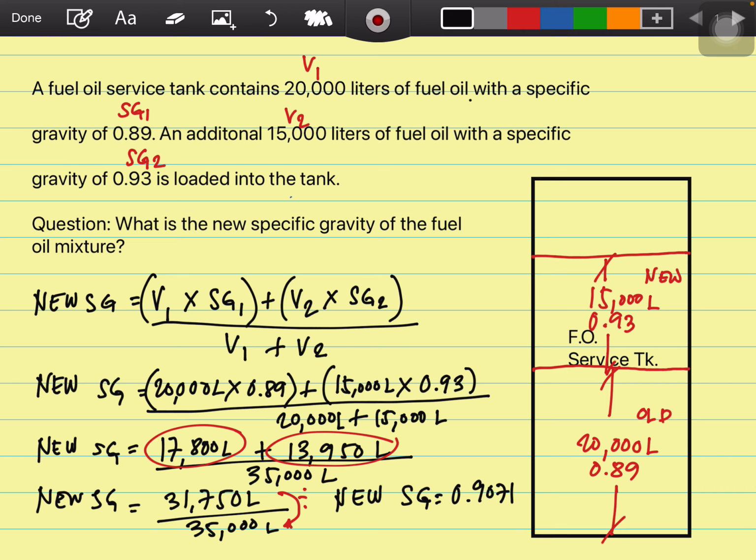That will be your new specific gravity for the existing 20,000 liters with 0.89 specific gravity and 15,000 liters of the new fuel oil loaded with 0.93 specific gravity. So when they mix, you get a new specific gravity of 0.9071.